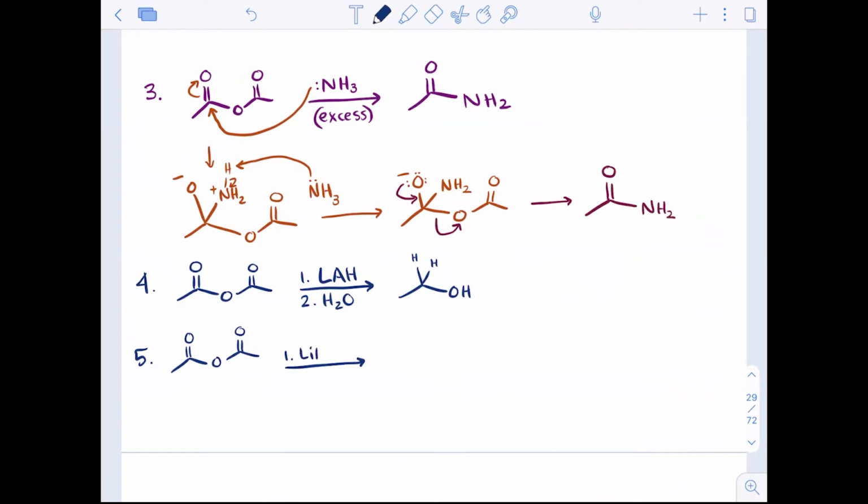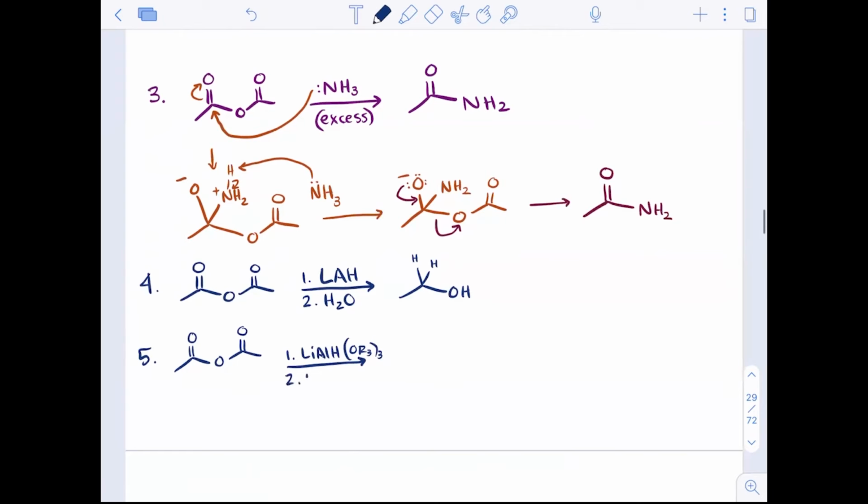It's the lithium aluminum hydride with the 3 ether groups attached, followed by a water workup. And that will get us to stop at the aldehyde.